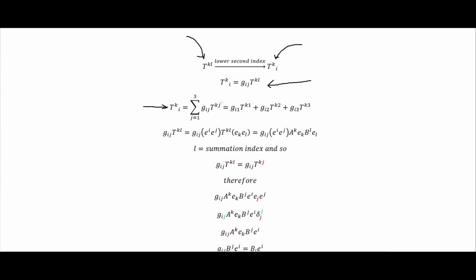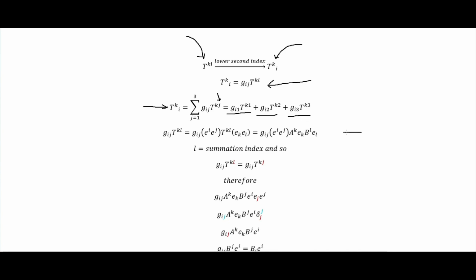So here, and I actually kind of spoiled it, I already turned that l into a j, which we can do because we're using it as a summation index. And so we end up with our g_i1 times T^k1 plus g_i2 times T^k2, and then g_i3 times T^k3.